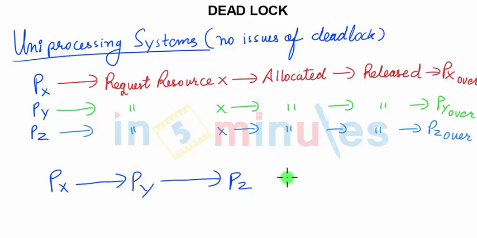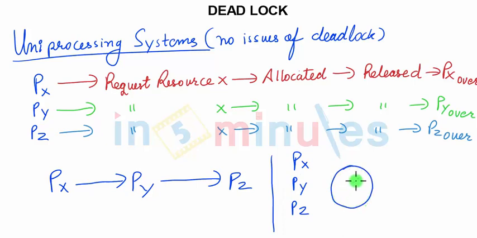What would happen? In a multi-processing system, PX, PY, and PZ all will try to access resource X at the same time. Considering a luck factor, it is allocated to process X due to some reason, due to some calculation.